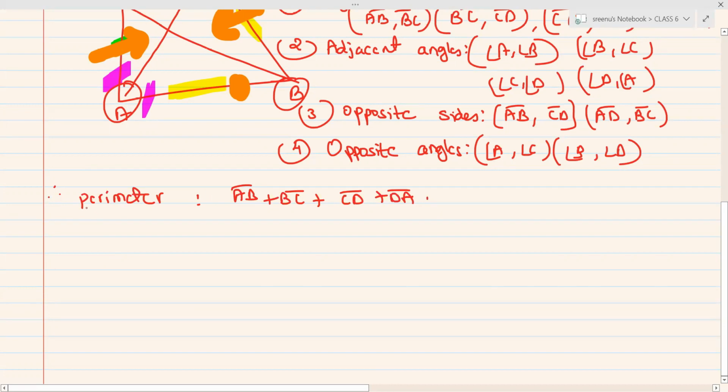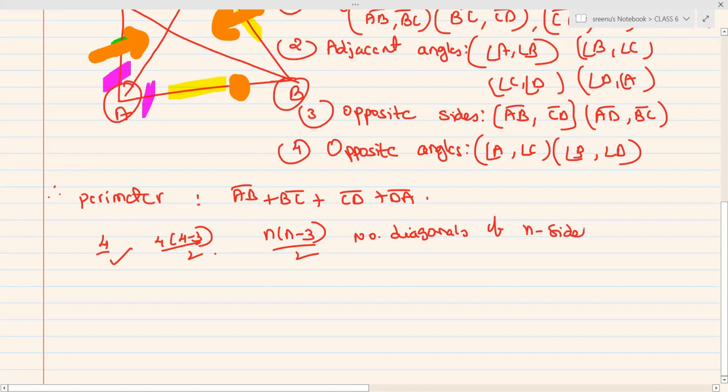The number of diagonals of an n-sided polygon: suppose there are 4 sides, 4 into 4 minus 3 by 2. The formula is n into n minus 3 by 2, the number of diagonals of an n-sided polygon.